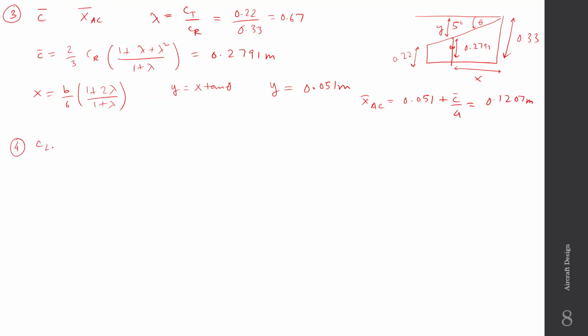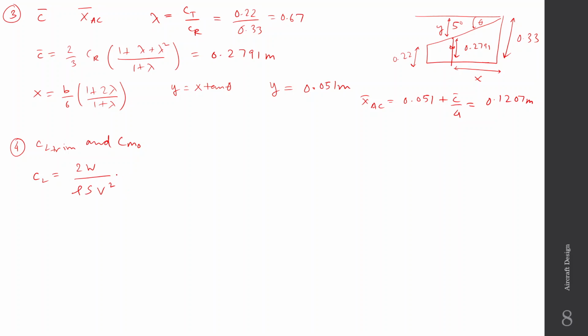Now let us calculate CL trim and CM naught. For CL trim, we know that CL trim will be 2W by rho S V square.